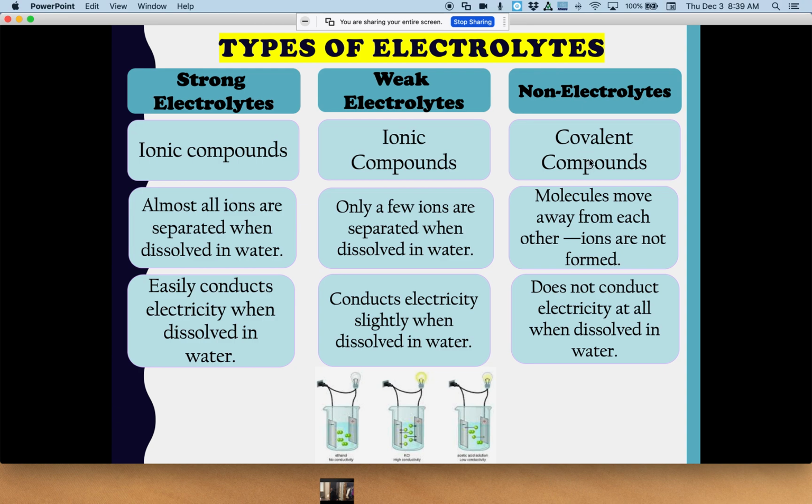Non-electrolytes are covalent compounds. The molecules move away, they dissolve, but ions are not formed and therefore don't conduct electricity. But with electrolytes, we have a scale. Both electrolytes are ionic compounds, but the amount of free-floating ions determines how much electricity you can conduct, right?